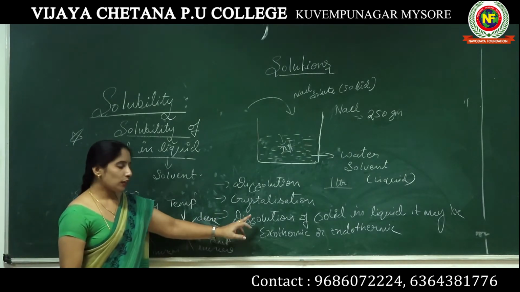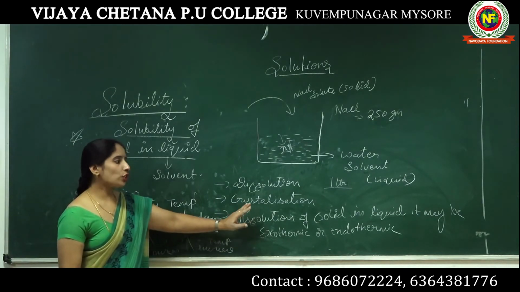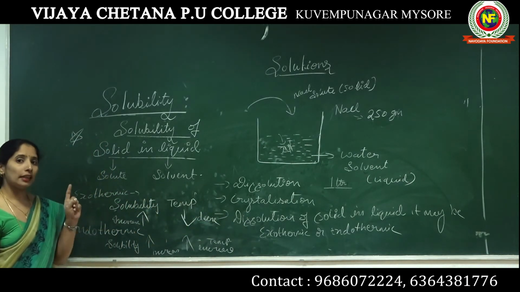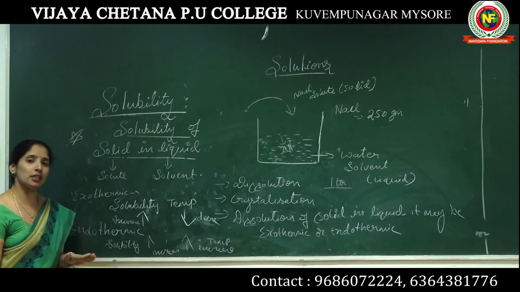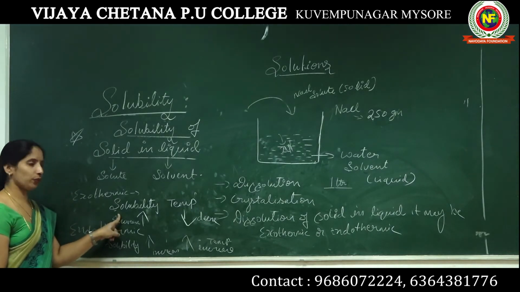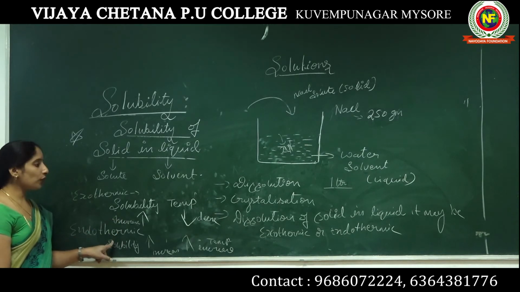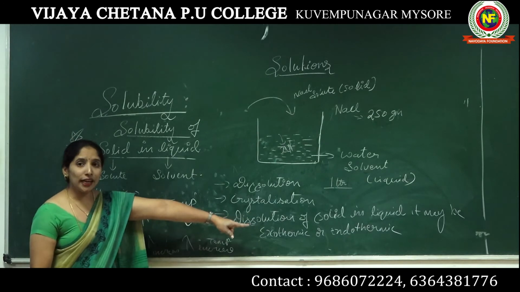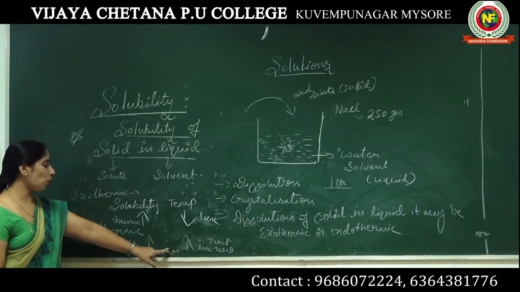Once again, I am telling you, it is a very, very important concept. If the dissolution of a solid in a liquid is exothermic, the temperature decreases and the solubility increases. Don't get confused. If the dissolution of a solid in a liquid is endothermic, what happens to its solubility?